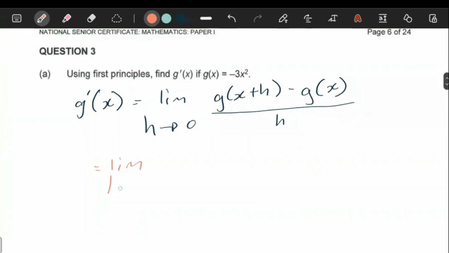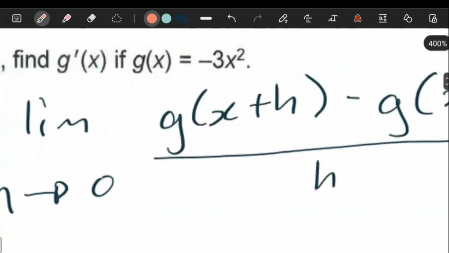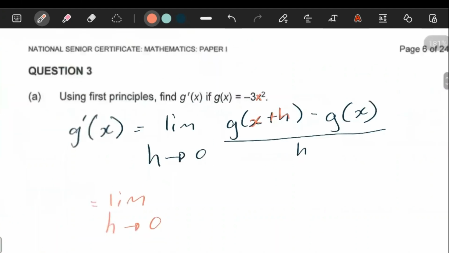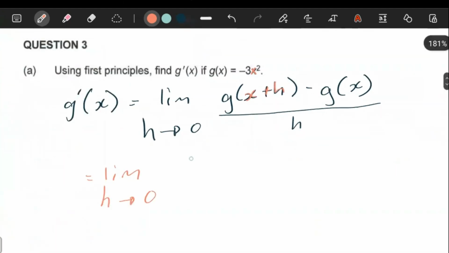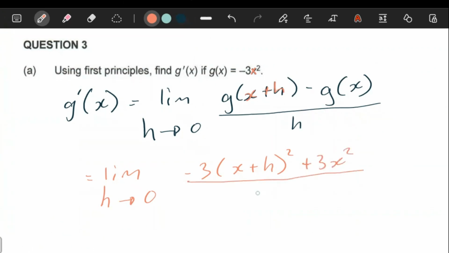So let's just throw in our value for g. This is just saying in the equation of g, wherever you see x, throw in x plus h. So here it's going to be negative 3 times x plus h squared minus, if it's a negative and a negative, you see this negative times negative 3x squared is going to give you a plus 3x squared, the whole thing over h.